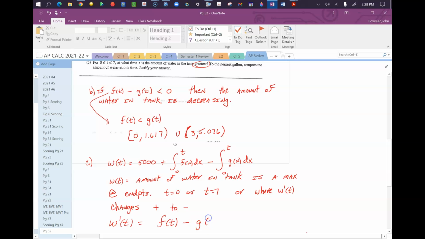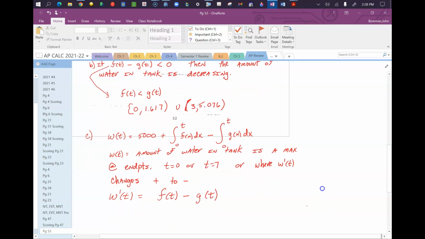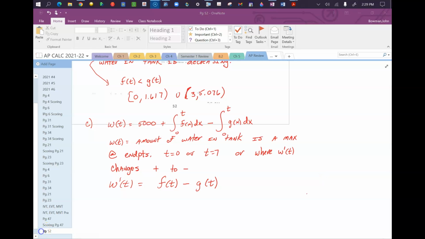So what we are basically looking at is, where does f of t minus g of t change from positive to negative? Another way of thinking about that would be saying W prime of t changes from positive to negative where f of t minus g of t becomes less than 0, or f of t becomes less than g of t.